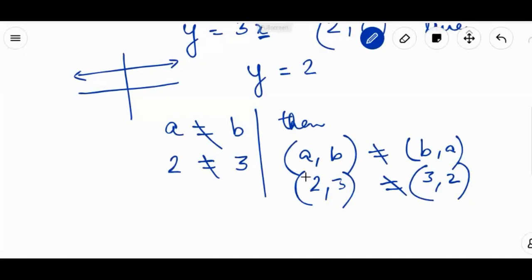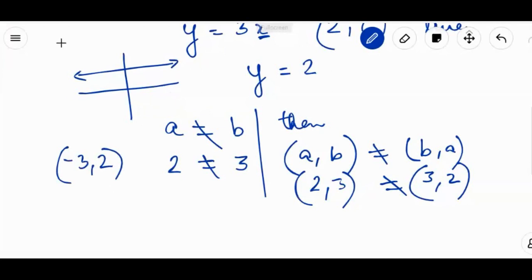Assertion is absolutely true. Then in the reason they are saying minus 3 comma 2 lies in quadrant 4. Minus 3 comma 2 will lie in which quadrant?